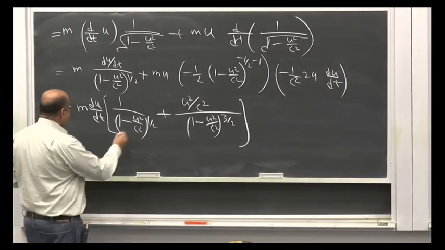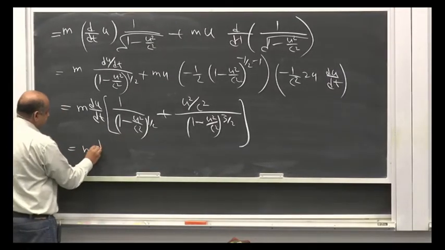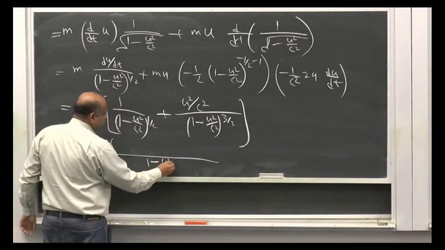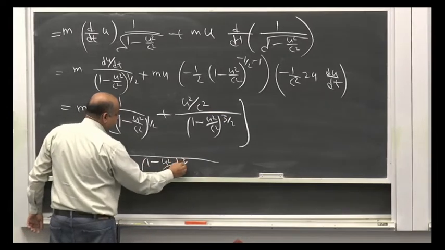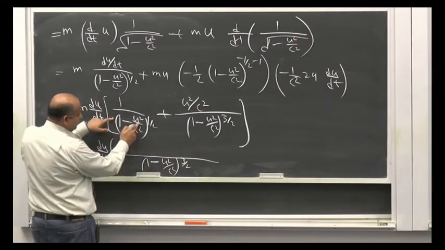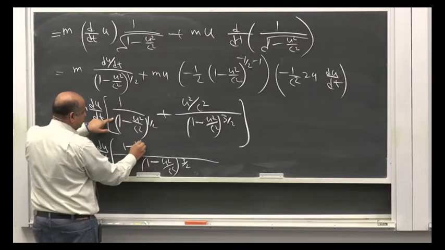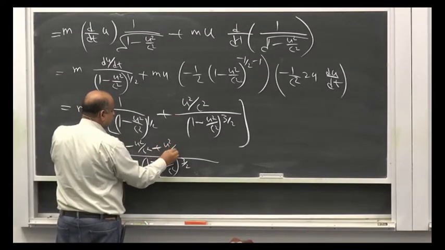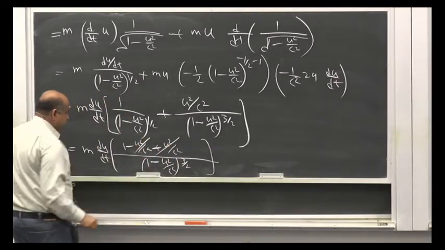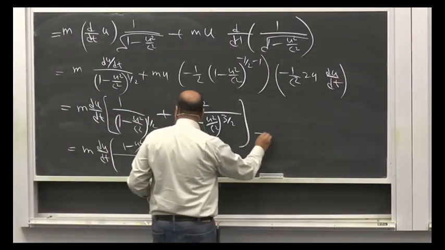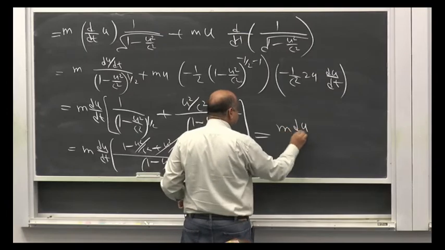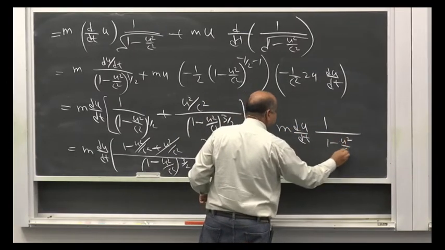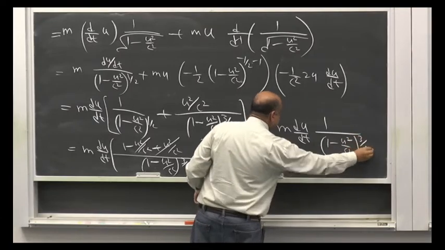So you can take its LCM. The LCM is 1 minus u square over c square to the 3 by 2. Dividing this by it, only 1 minus u square over c square remains, and this 1 has come, so plus u square over c square. So this goes with this. So we have m du by dt 1 over 1 minus u square over c square to the 3 by 2.